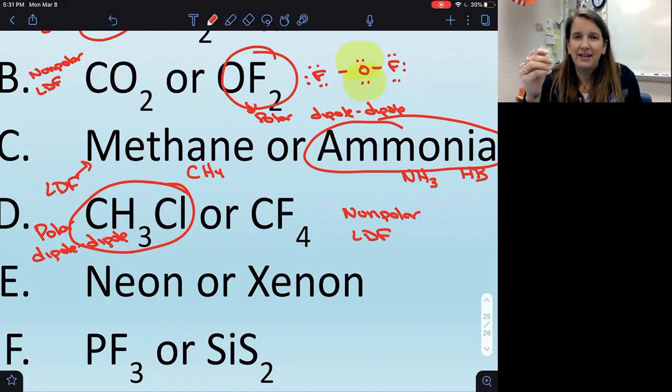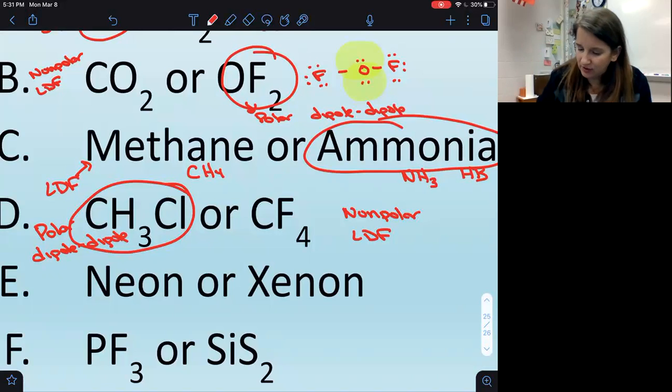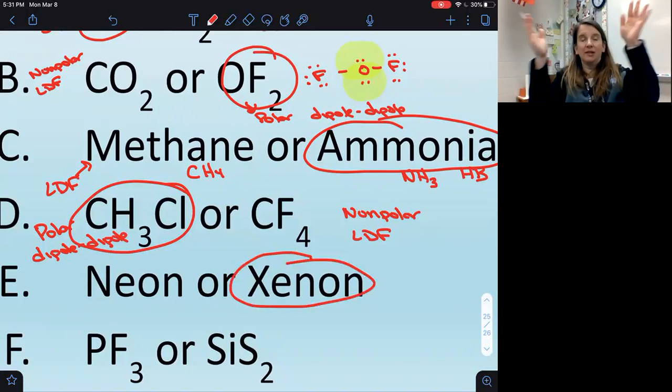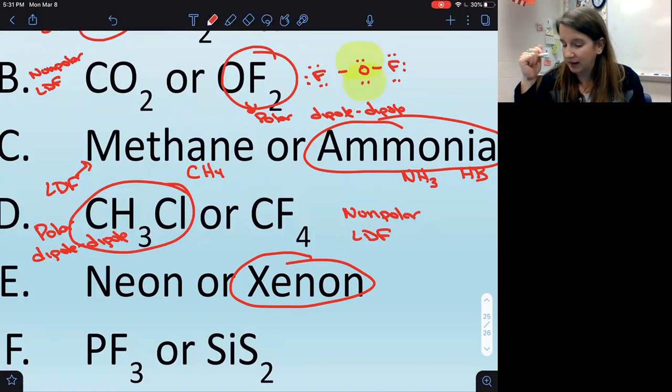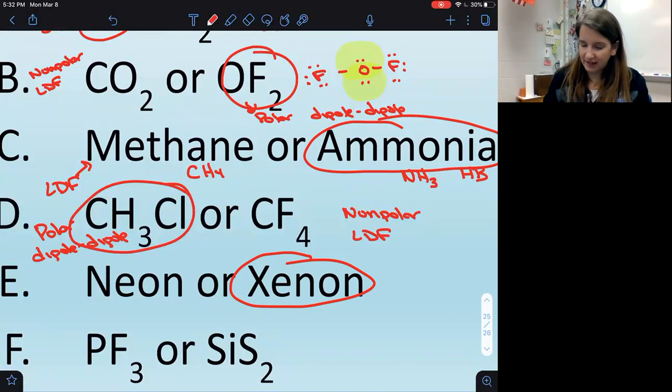And what did we say can compare to London dispersion forces? More electrons. Since the xenon has more electrons, it would have a stronger LDF, okay?